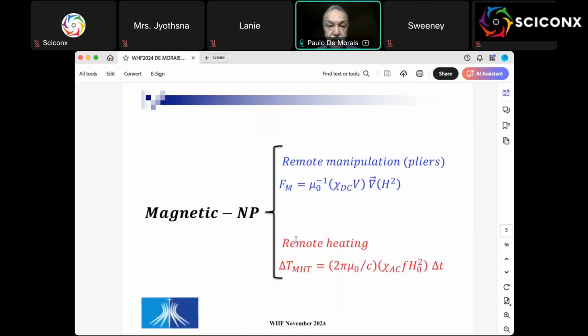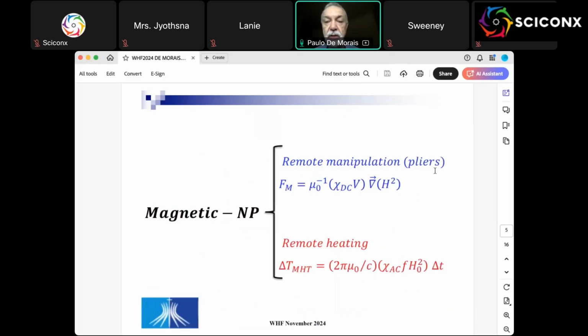So keeping in mind and focusing on magnetic nanoparticles to promote magnetic hyperthermia, the first aspect is the remote manipulation, which means you can use an external gradient of magnetic field as pliers.